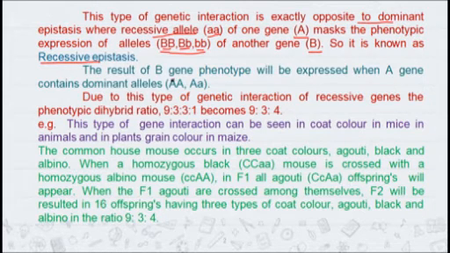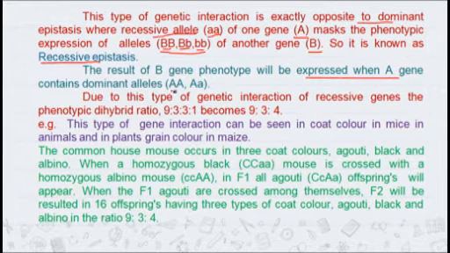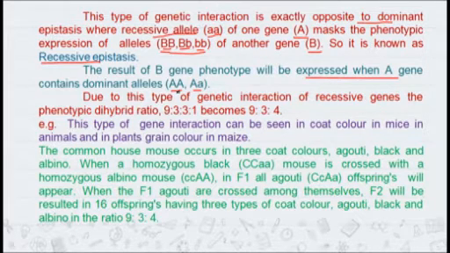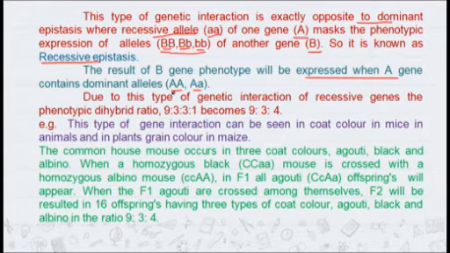The phenotype of gene B will be expressed only when gene A contains a dominant allele, that is capital A capital A or capital A small a. Only then will B express itself, otherwise it will not.